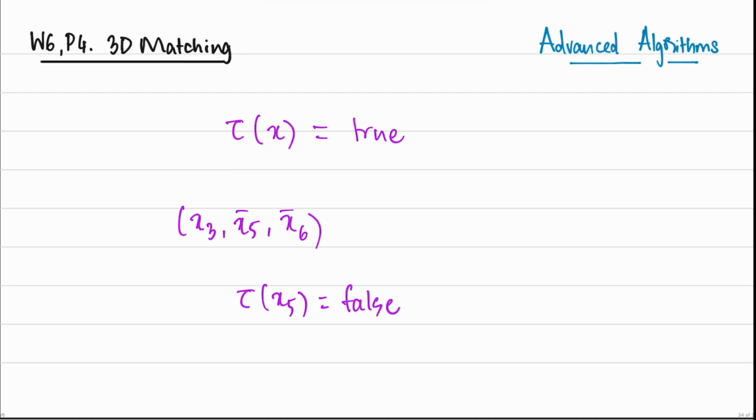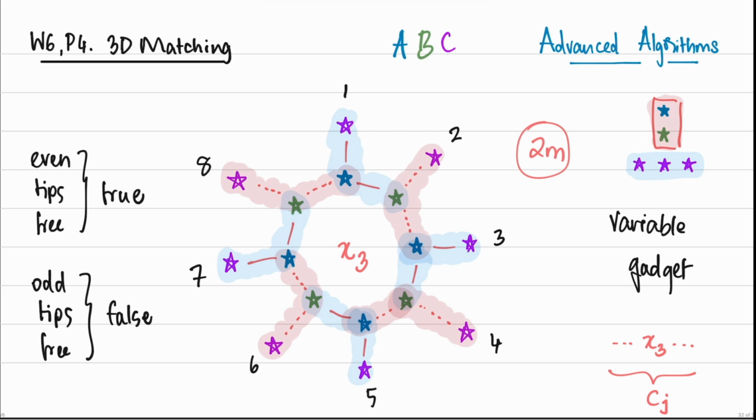If tau of x5 was set to be false, that means in the variable gadget, this time for x5, we've left all the odd tips free. And if this was, let's say, the first clause, then this element here is attached to that clause gadget. So we are going to take the pair of elements that represent the first clause along with this tip here.